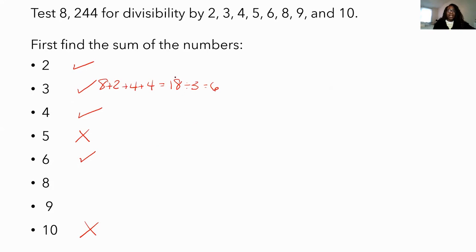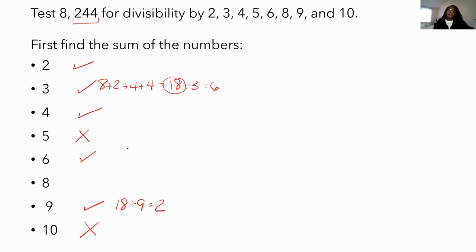And since we got an answer of 18 when we add it, it's also divisible by 9, because 18 divided by 9 gives me 2. So now the only thing that we have to do is check out 8, and that means I'm looking at the last 3 digits.